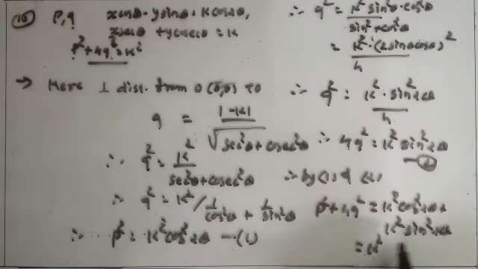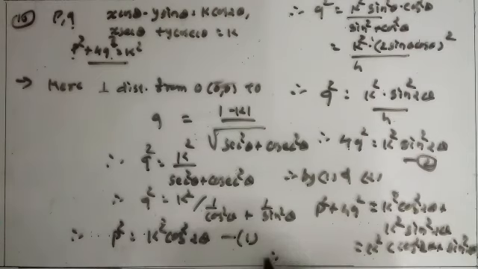So take k square common, we get cos square 2 theta plus sin square 2 theta. Clear? And this becomes 1. Therefore p square plus 4q square is equal to k square. Clear? Hence proved. Okay.